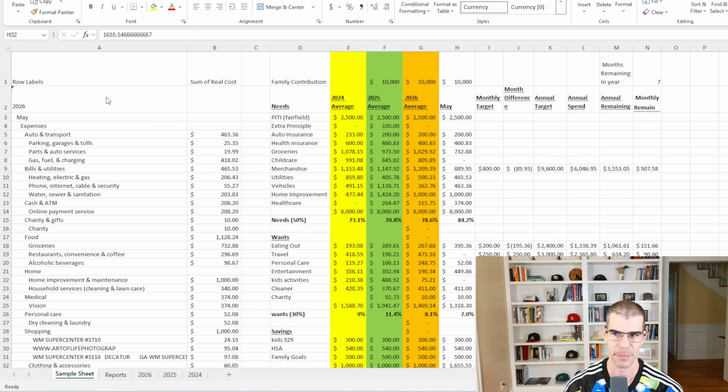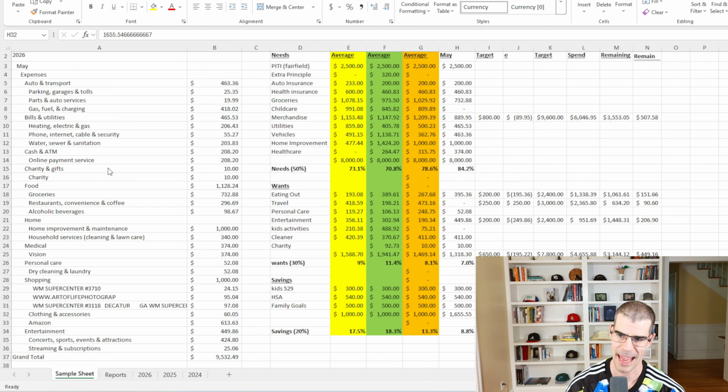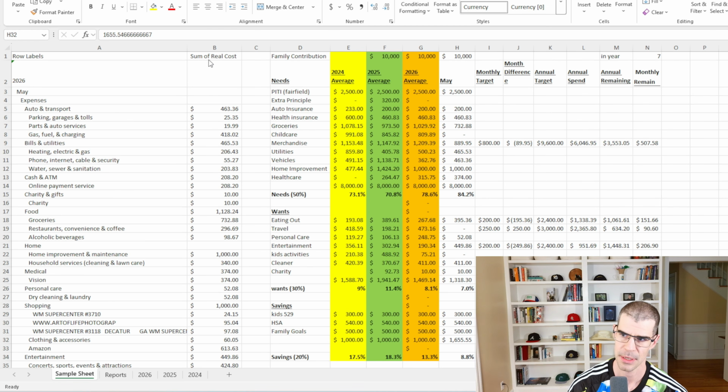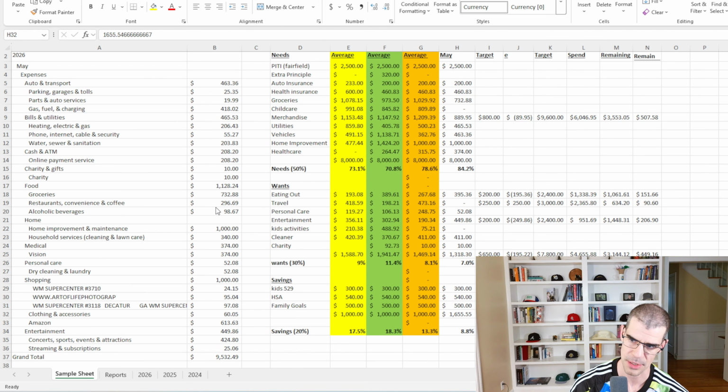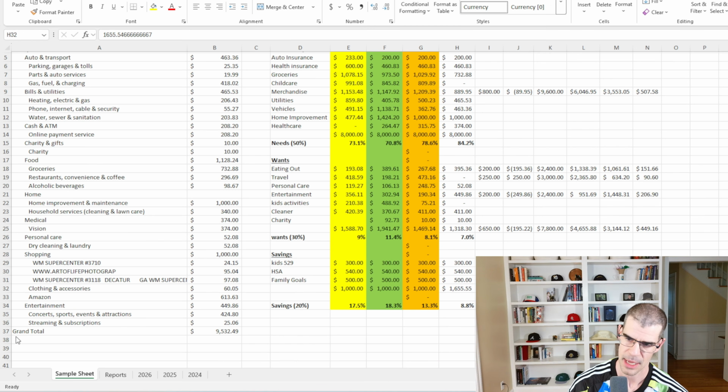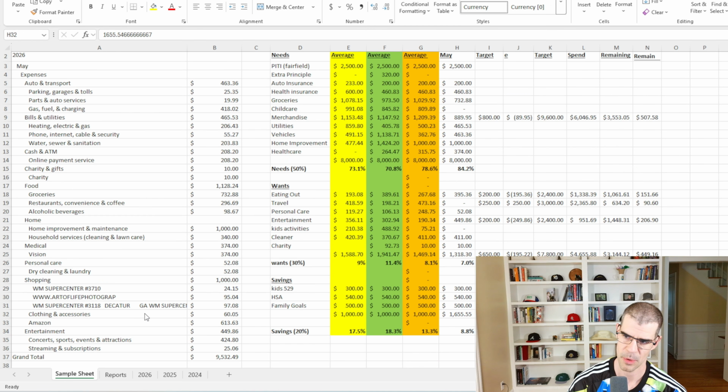And then in this far left column here, you can see we have the various categories of transactions split out with subcategories in each area, and then the real cost of those categories. So this is sort of the higher level look of the spending here on the left.